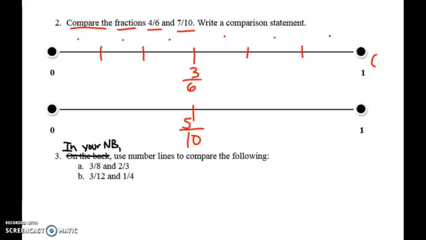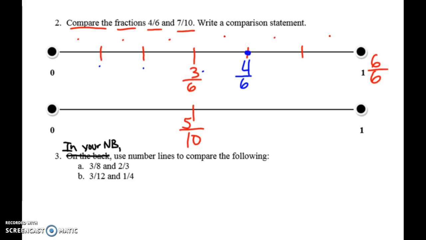I know that the equivalent to 1 is 6/6. I would do the same for my bottom number line. I'm going to go ahead and put 4/6 up here on my number line. I count 1/6, 2/6, 3/6. This would be 4/6, and I put my point here on my number line.